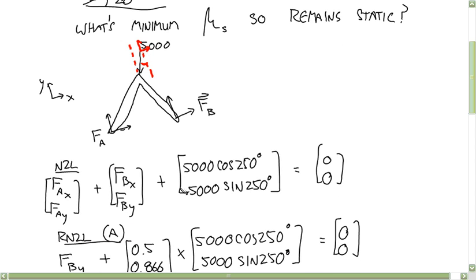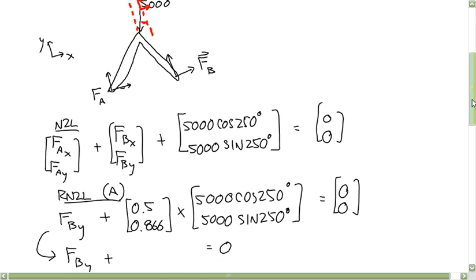And then, okay, so this. Then for the moment equation, I took my moments about the point A. So there's no moment produced by this. This one, we have our force of 5,000 cosine and sine 250, cross product with the vector going from the about point to where the force is applied.